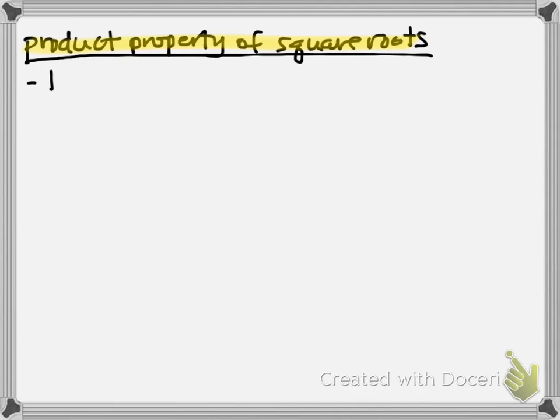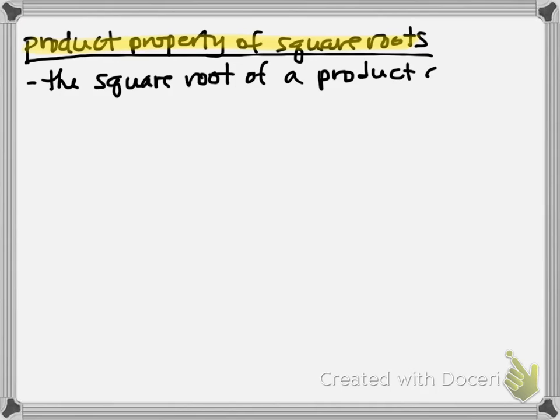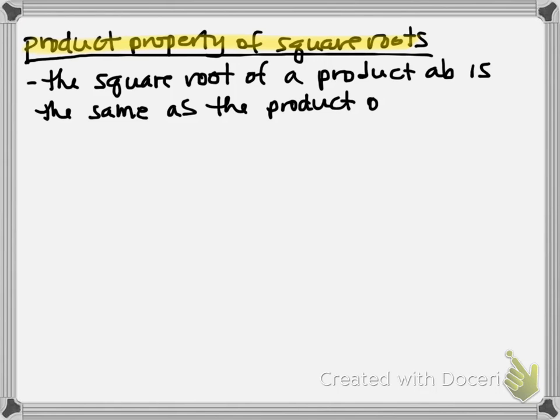It basically says the square root of a product AB, a generic product, is the same as the product of radical A times radical B.